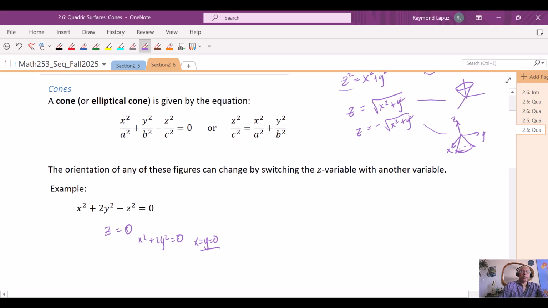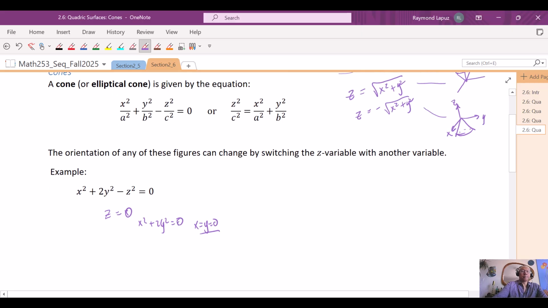Now, if you let z equal 1 or negative 1, say z is equal to 1, you get x squared plus 2y squared minus 1 is equal to 0, so we'll bring the 1 over, and then you get x squared plus 2y squared is equal to positive 1, which is an ellipse.